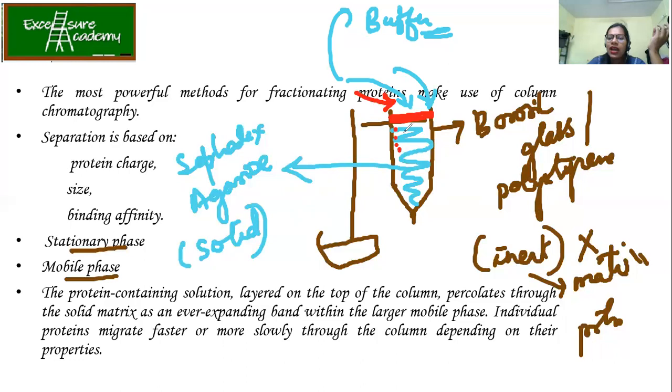So this protein will start going inside the matrix uniformly, depending on the size, the charge, or the affinity. And then you keep on adding your buffer. This buffer is called your mobile phase. So this is your stationary phase and the buffer which you add on the top is your mobile phase.